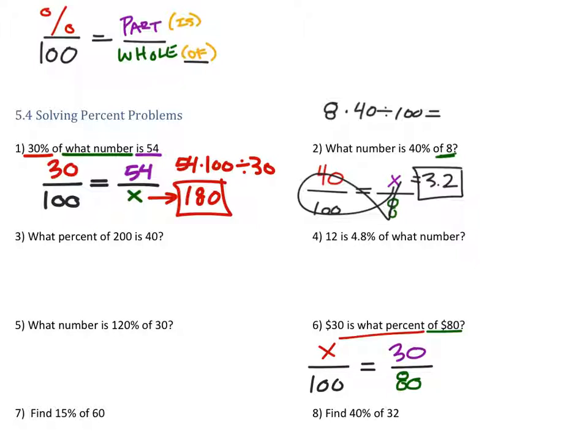So we can use fish method, 100 times 30 divided by 80. And what does that give us? 37.5. Thank you. 37.5. Now this one was a percent, so we should label it 37.5%.